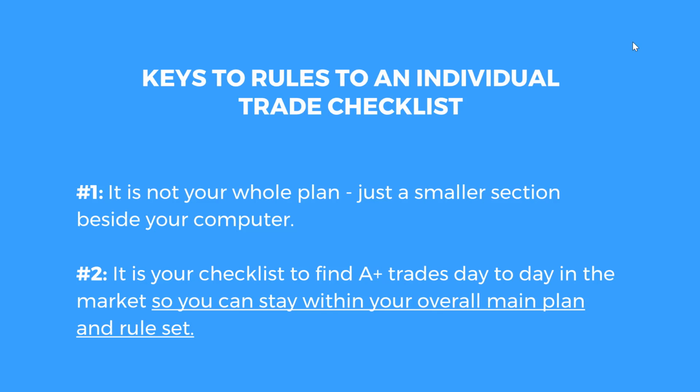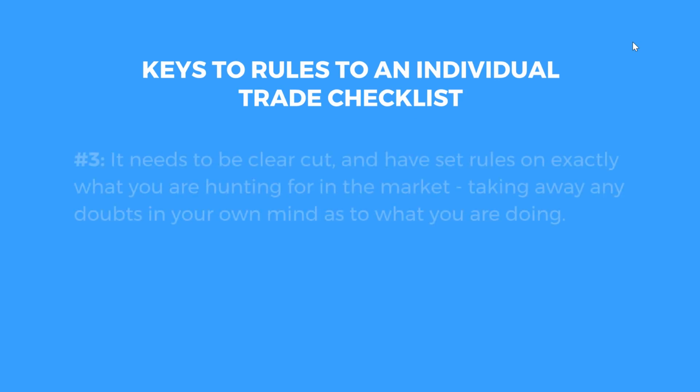If you have a major plan with your money management rules, how you manage your trades, your stop loss, your entry, all within your major plan, this checklist is just going to help you find your A+ trades throughout day-to-day trading.